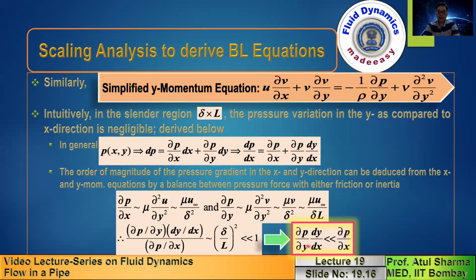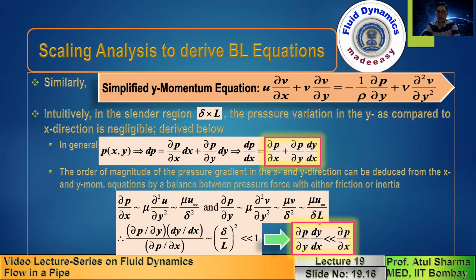So del p by del x dy by dx is much smaller than del p by del x. If you apply this condition to this equation, on the left hand side you have a total derivative dp by dx equal to the summation of two terms, del p by del x, which is much larger than the second term. So this is almost equal to the first term.